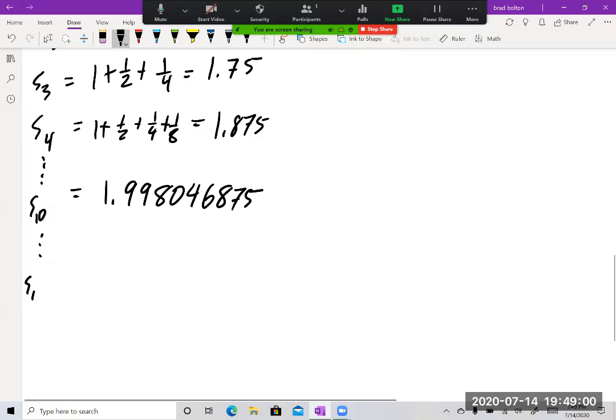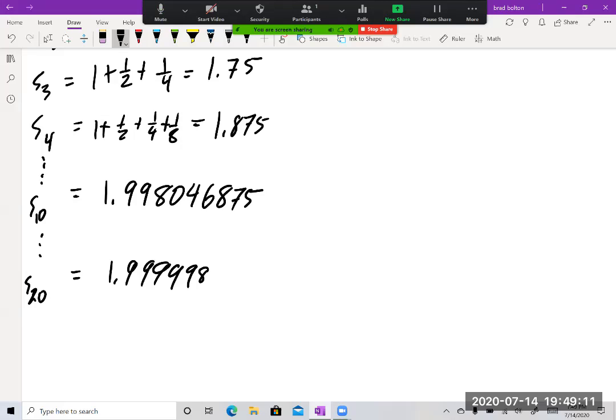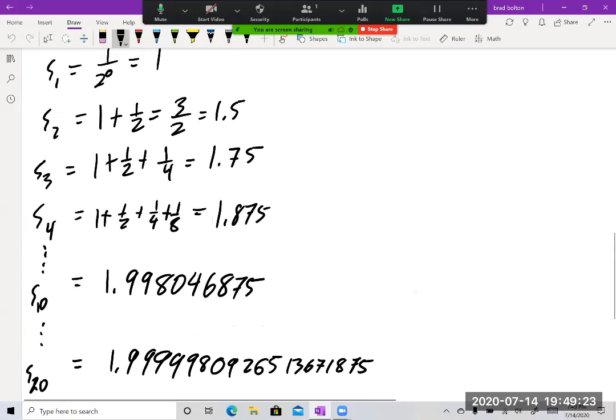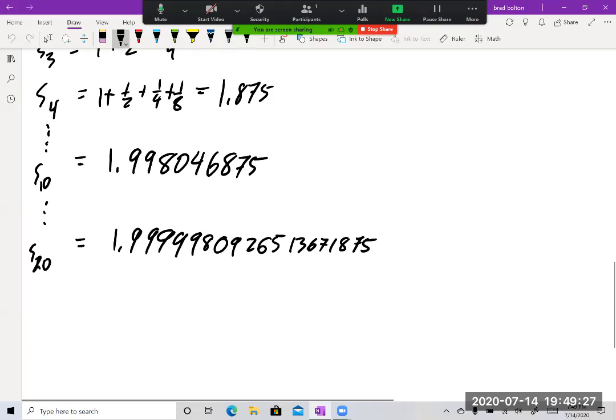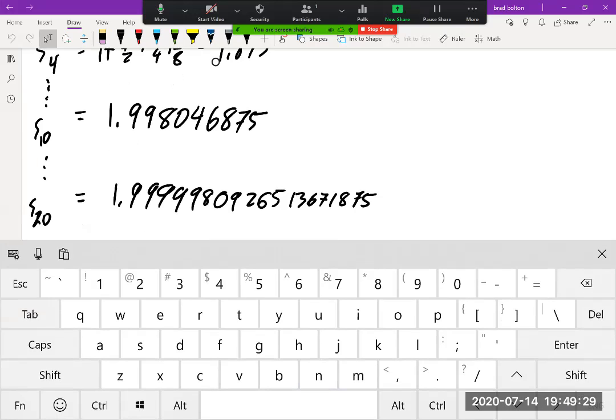And let's do S20. We're going to get 1.99998092651367187. Okay, but would it be safe to say that it appears, so we started here at 1, 1.5, 1.75, 1.875, 1.998, 1.999999809, so on and so on.